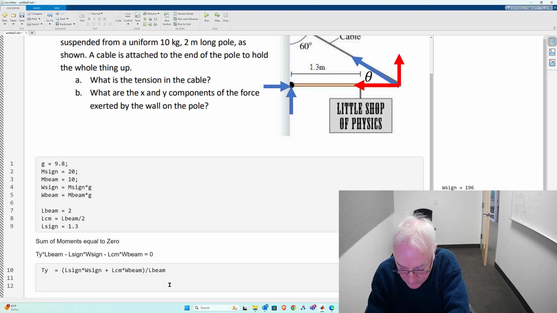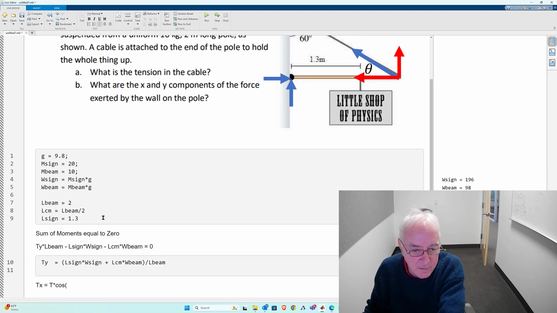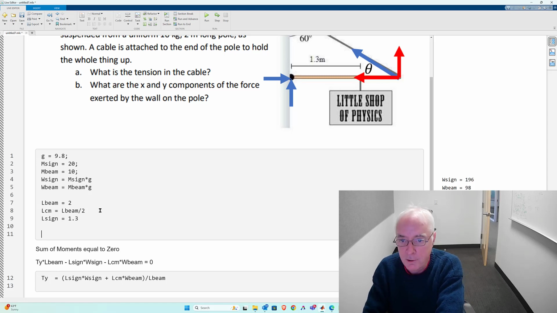So let's get back into talk like a person mode, and we will have Tx equal to T times cosine, and I'll use my term. What was it again? Oh, I didn't put it in yet. So let's get that in there too. I'm going to call it angle given.